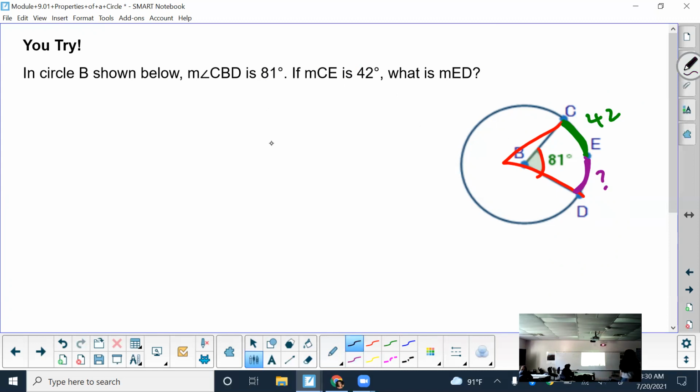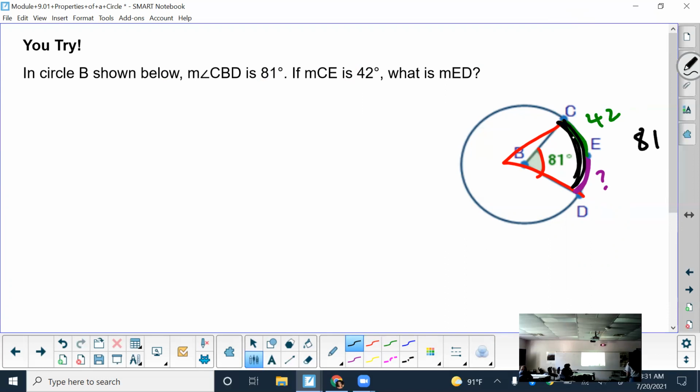And how'd you figure that out? Because the central angle is going to be around the whole arc. So if you subtract 42, all right, good, exactly. So this entire thing here, we know is going to be 81 degrees.